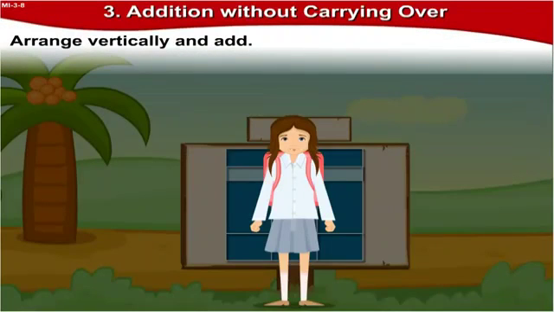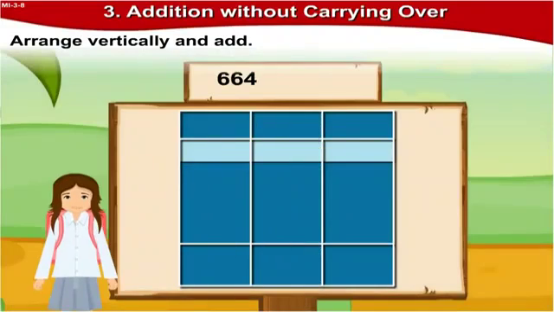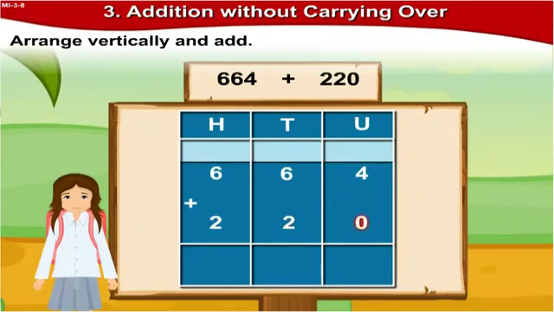Arrange vertically and add 664 plus 220. First we'll arrange them vertically. For that we'll write H, T, U. Now 664 is 6 hundreds, 6 tens, 4 units, plus 220 would be 200, 2 tens, 0 units.